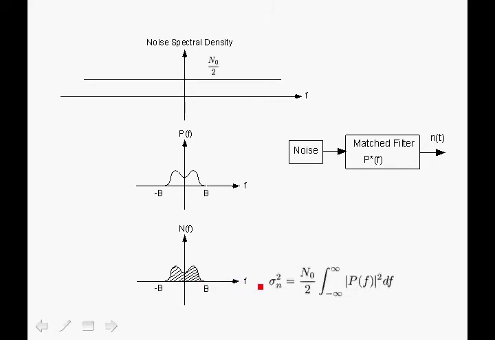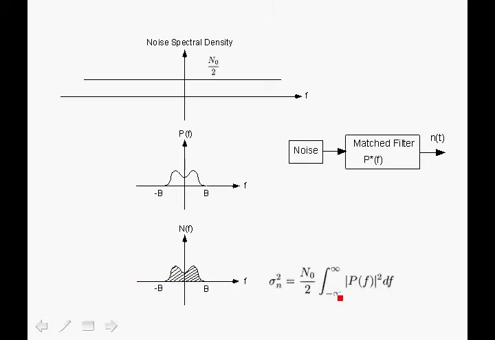Now, what is of interest to us here is what is the variance of the noise at the output of the match filter. For any generic filter, if we pass additive white Gaussian noise through that filter, the variance of that noise, which is equal to its power, would be equal to the integration over the whole power spectral density.